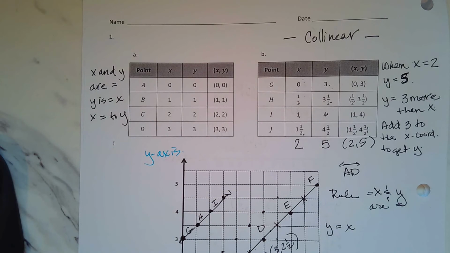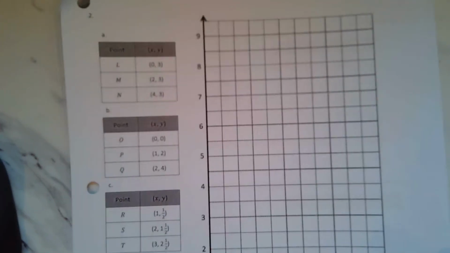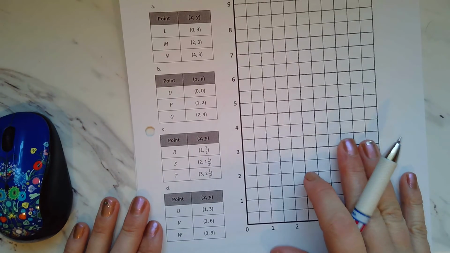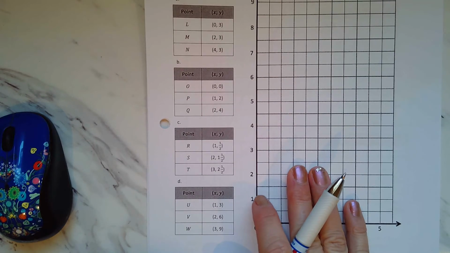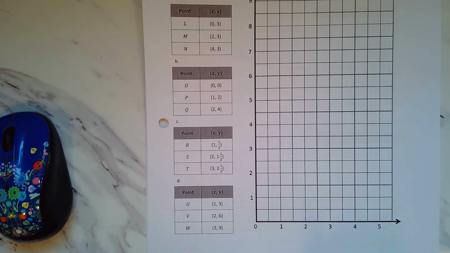All right, turn your page and I want you to look at these 4 boxes with these 4 points. And I'm going to ask you to try to identify the coordinate system right here, the lines that those would most likely form. And I want you to tell me which box goes with what.